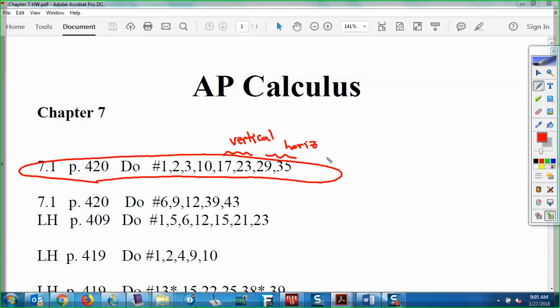So 17, you'll use the same picture you'll use for 29. So a lot like we've been doing today, where we did it with vertical and with horizontal. That's what you're doing on those last ones. All right. Save that number 2 on 2014. We'll do that tomorrow.